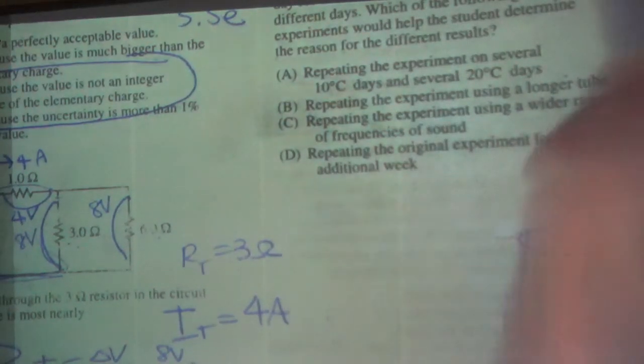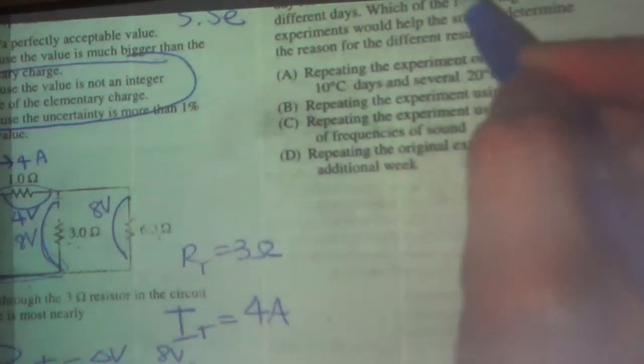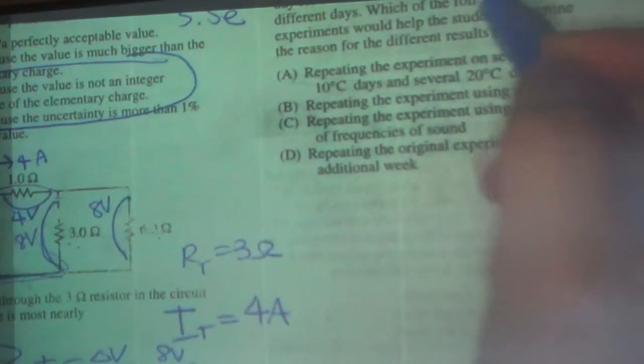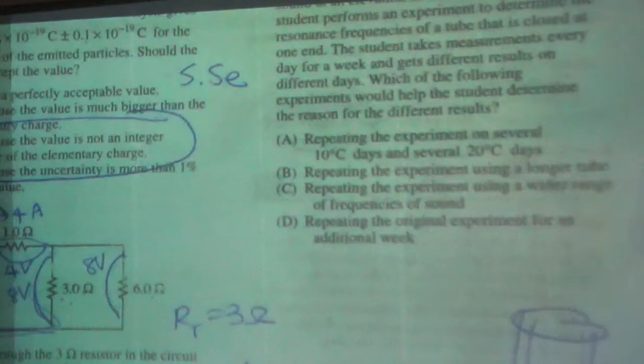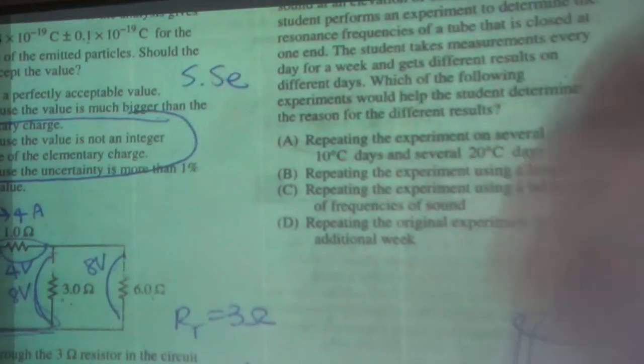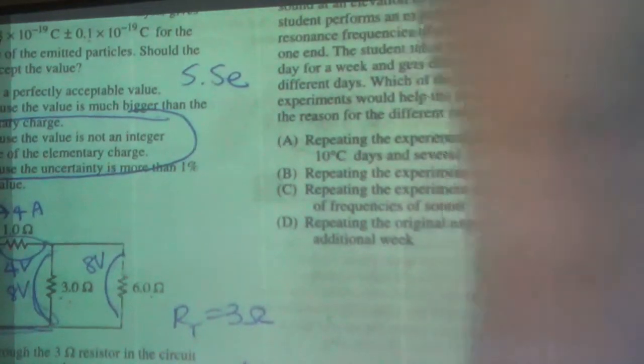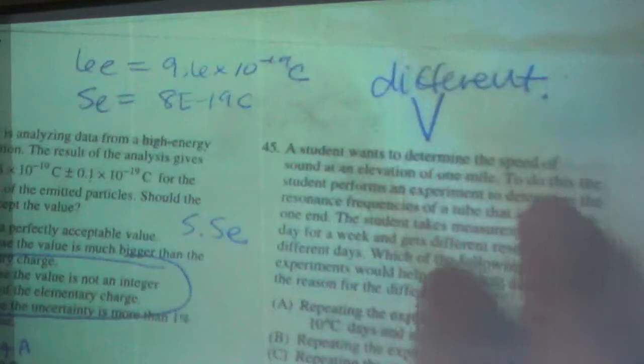Because they're getting different resonant frequencies, the only reason you would get different wavelengths is if your velocity is changing. So you're basically getting different velocities. The speed of sound in air should be pretty constant, right?